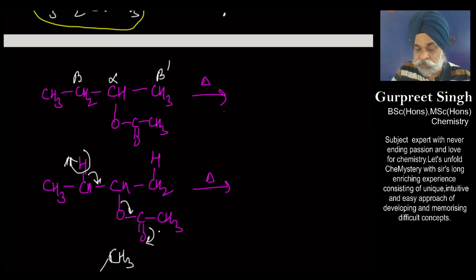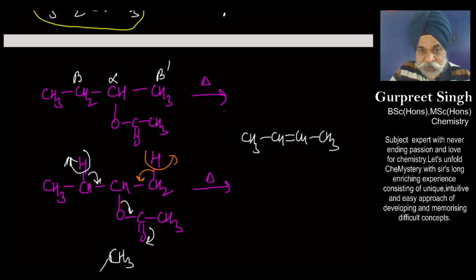So you get to see the formation of alkene as butene 2. If I use this orange marker this way, it would generate the same thing like this. Then you end up getting butene 1.